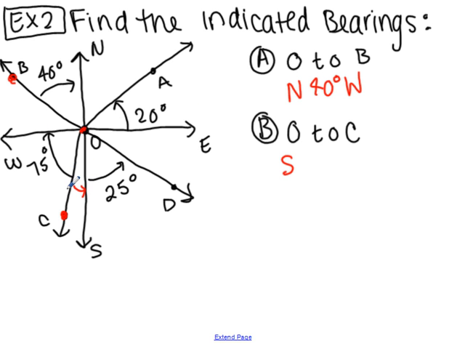So I got to calculate this right here. We have a 90-degree angle, so we just subtract 90 minus 75, which gives us 15 degrees. So this is south, 15 degrees. Then I decide, is it east or is it west? I look at my compass and it shows west, so therefore we put W for west. You calculate the next two.